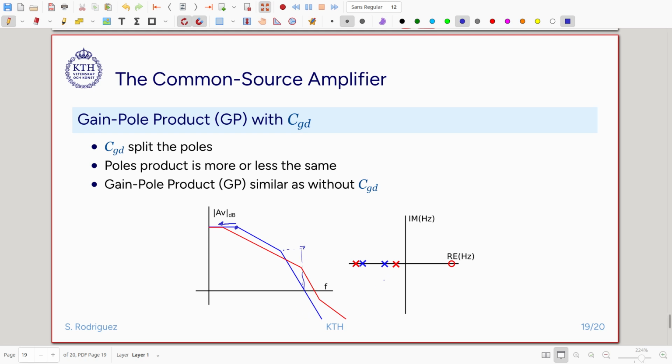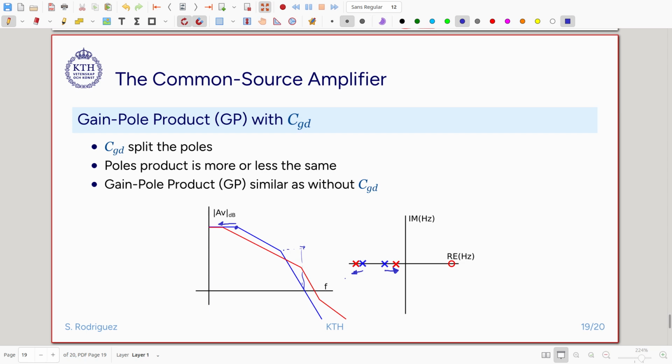So if we put the poles in the pole zero diagram, we will see that they split. When the input pole moves to a lower frequency and the output pole moves to a higher frequency, we say that they are splitting the poles.